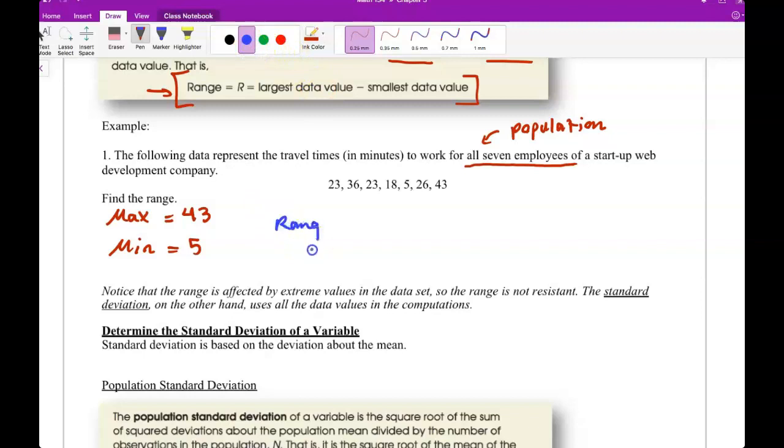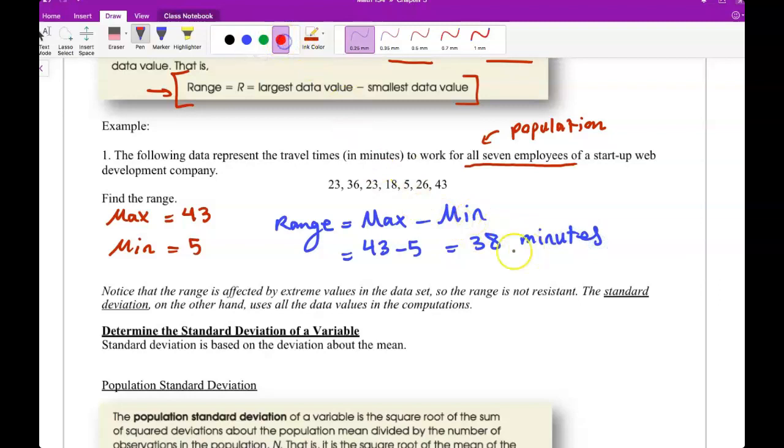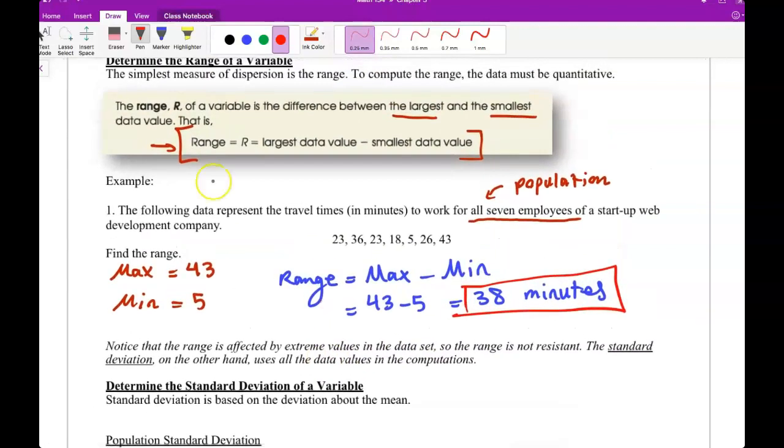Now range is maximum minus minimum. So it's 43 minus 5, that's equal to 38. So this is our range, this is maximum value and this one is minimum.